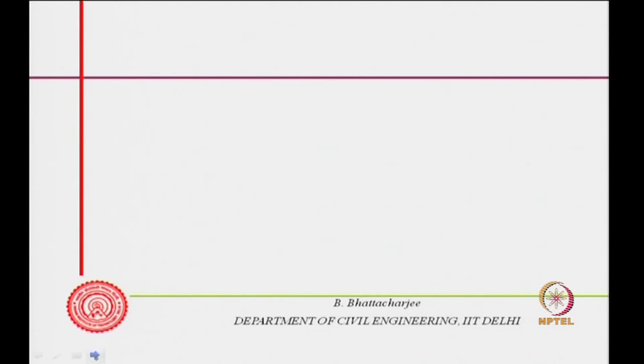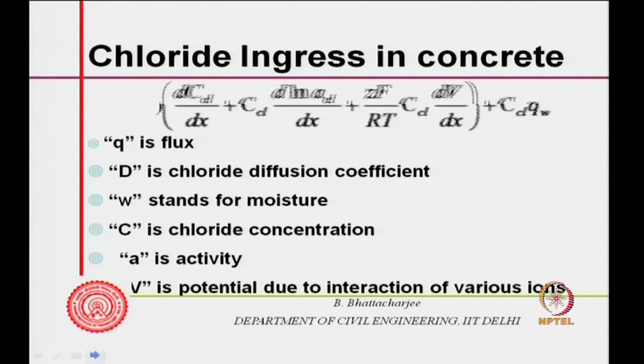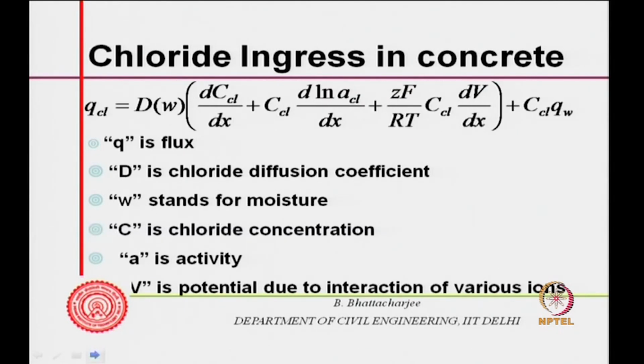Unsaturated concrete is the most important case, and the equation for this is fairly complex. I will take half a minute to conclude our discussion on this and continue in the next lecture. Now, you can see this is the flux of chloride, D is the diffusion coefficient.